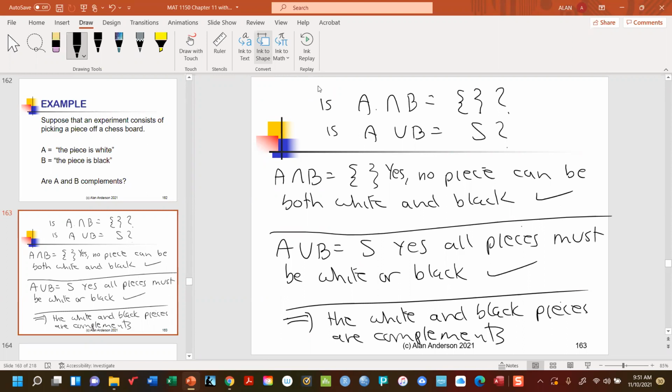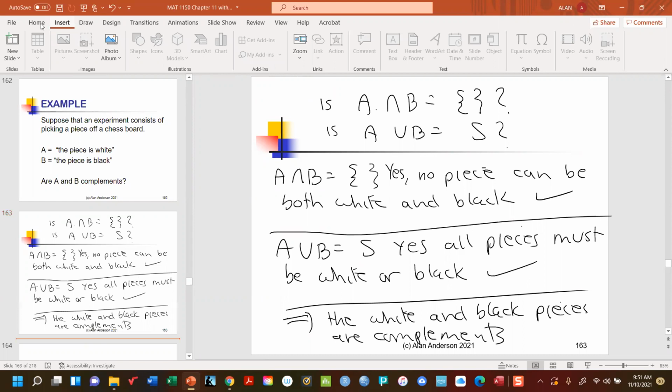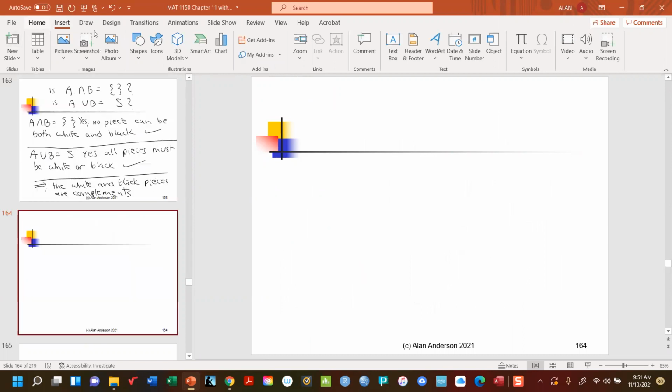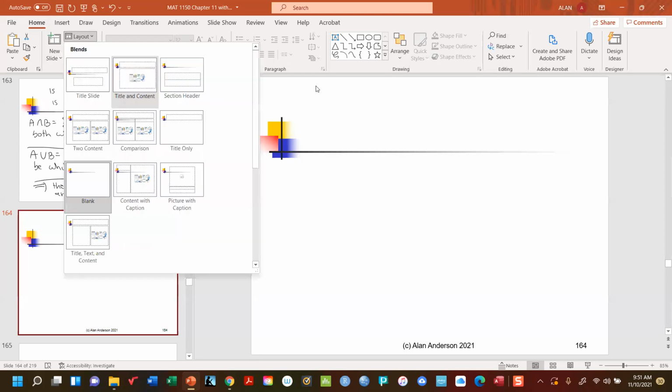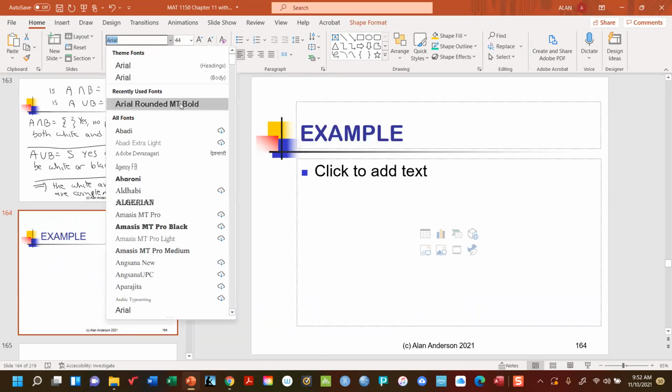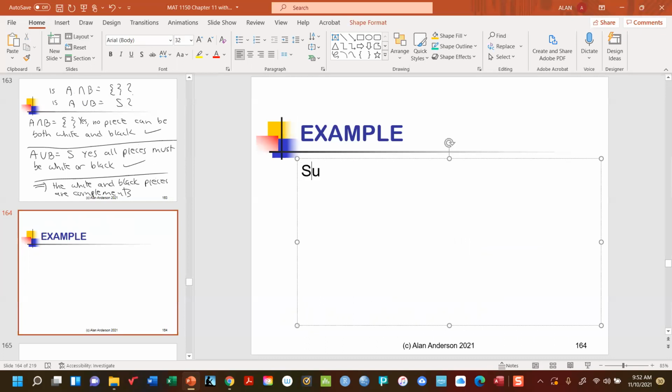All right, let's just do one more example. This time we're picking cards from the deck, but the events are different. Suppose an experiment consists of choosing a card from a deck.